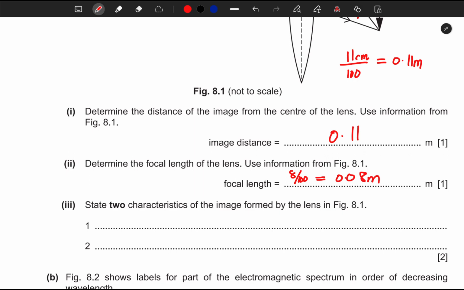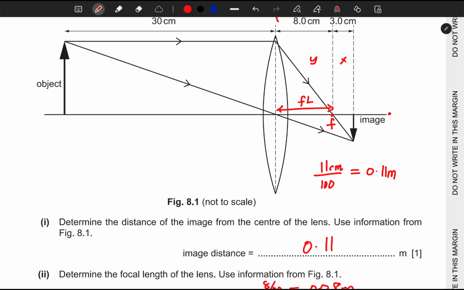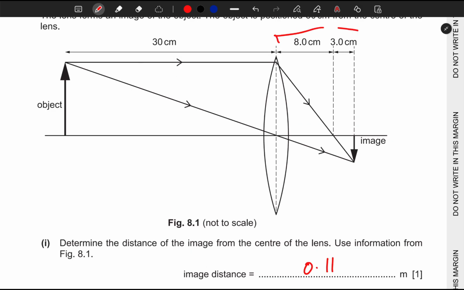Moving on. State 2 characteristics of the image formed by the lens. Now look at the image. What are some of the characteristics that can be taken from this image? Number 1, the object is upright, but the image is facing downwards. You see how it is, right? Again, look at the size of the object.